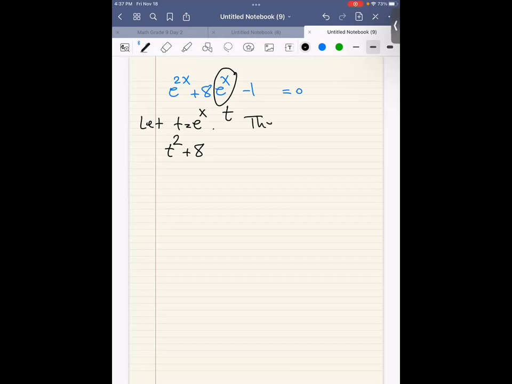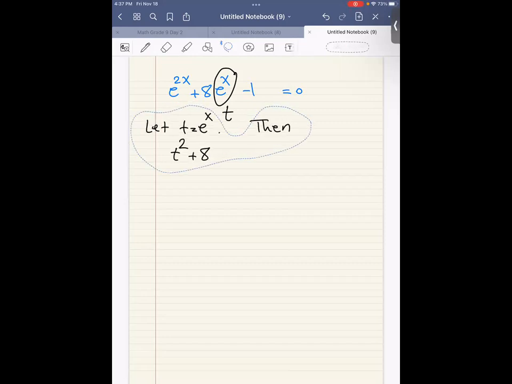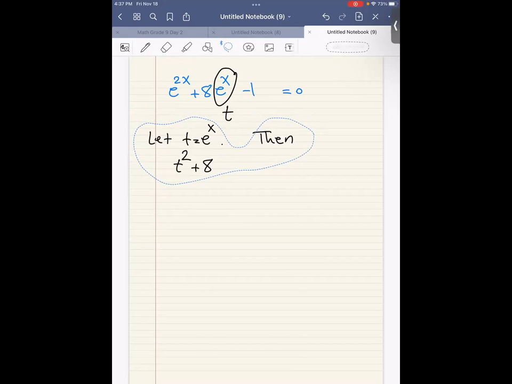Then you have t squared plus 8t minus 1 equal to 0.